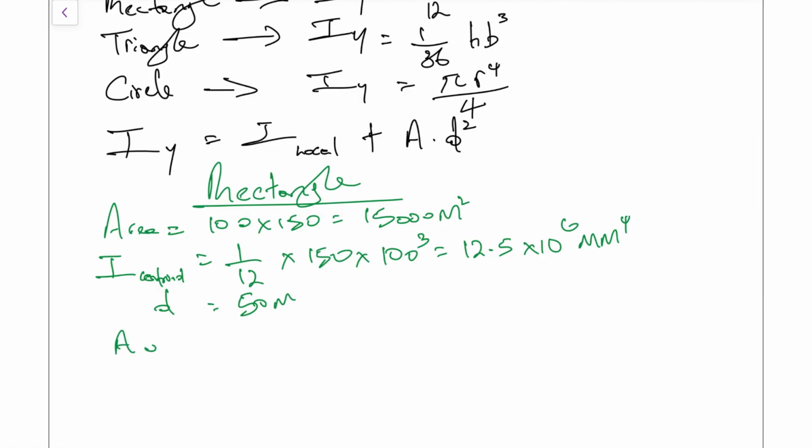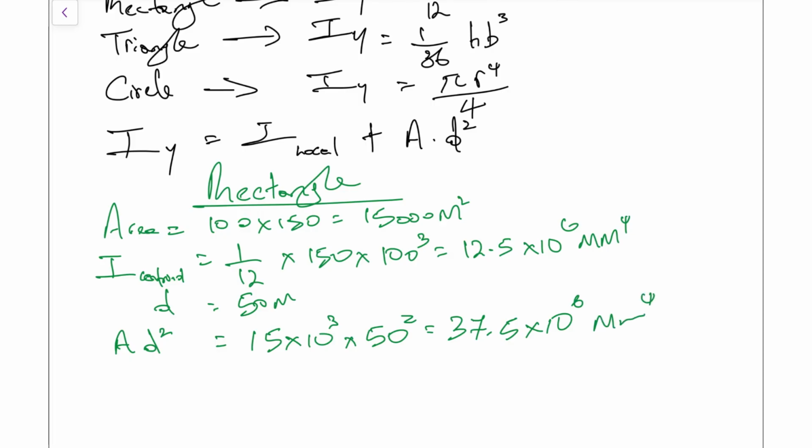So A d squared. For the area, what we had was 15,000, so I'm just going to write that as 15 times 10 to the power of 3. And that will be multiplied by the square of our distance, which is 50 squared. So what that looks like now is 37.5 times 10 to the power of 6 millimeters to the fourth.